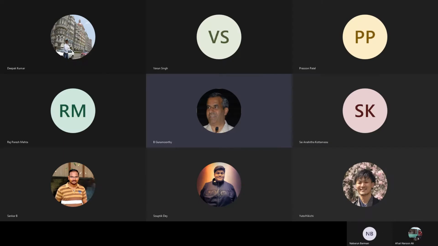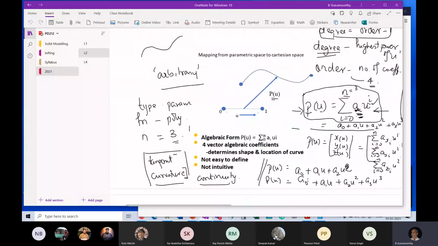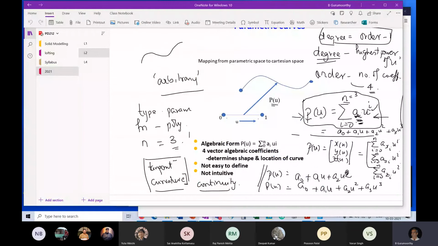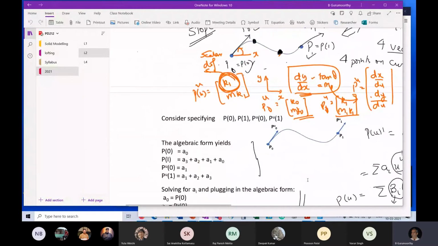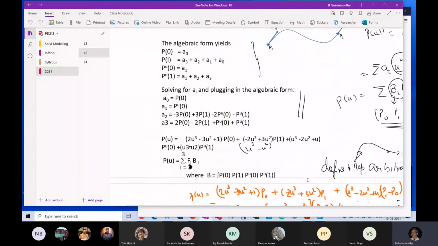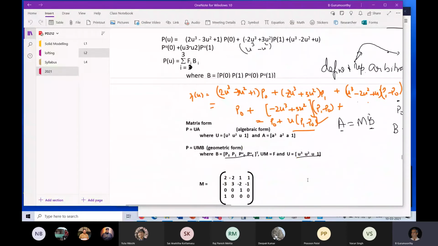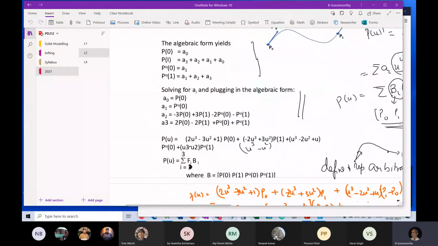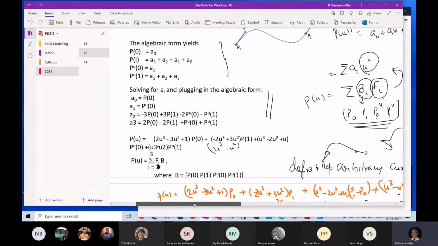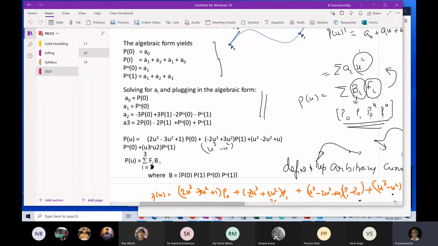So I'm going to start by sharing my screen and quickly run through what we did in the last class. We looked at the representation of an arbitrary shaped curve in a parametric form, and we looked at a particular form, a parametric cubic form, where we saw the algebraic form, which is here.